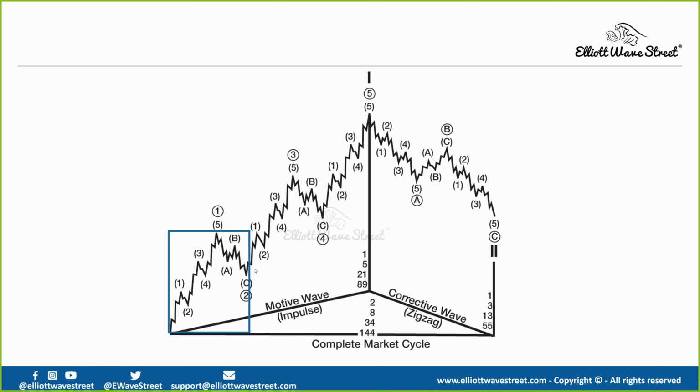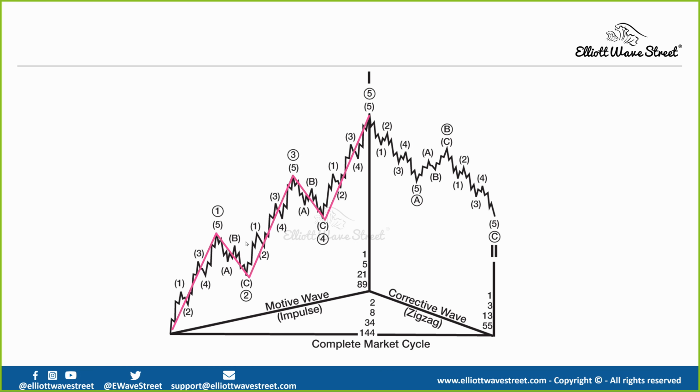Let's continue with the fractal nature of the wave count. Inside each leg, we are going to have another impulse. Inside of an impulse, we are going to have an impulse, then a corrective, and then another impulse. Notice that this cycle at the same time is showing the 1, 2, 3, 4, 5 sequence as well.